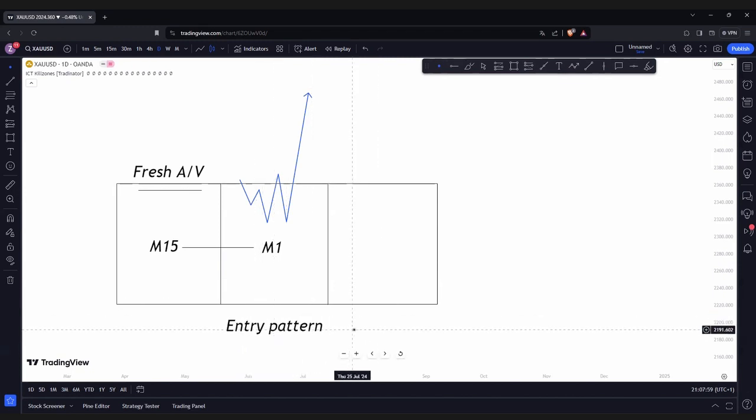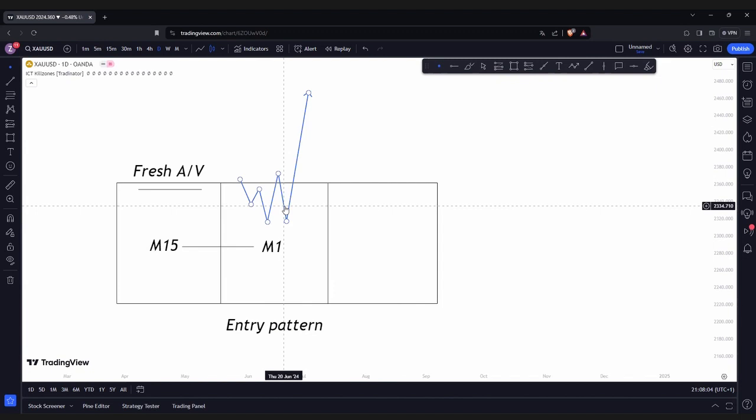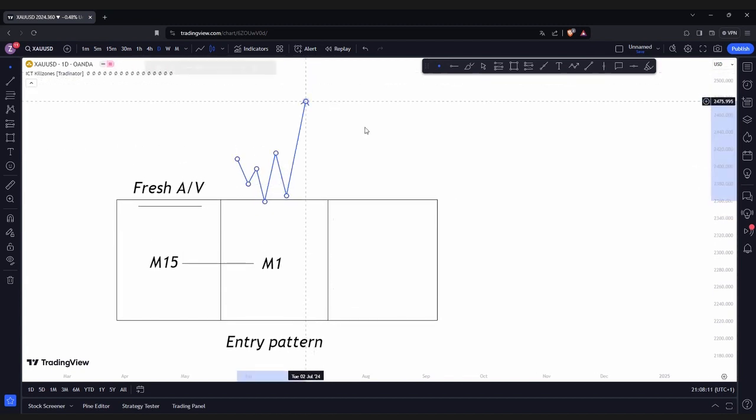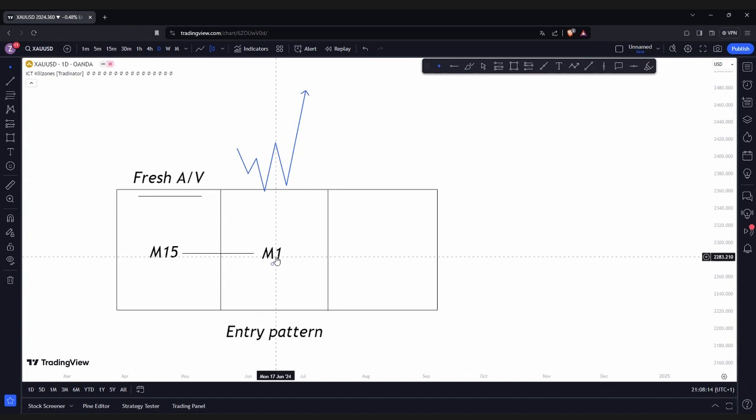Where is your TP? And how are you gonna manage your trade? Most of you guys have heard of the term called trade control, and this is how it works. Once you get your entry on M1, your TP is going to be 1 time frame higher, which is on M5. Why is that?